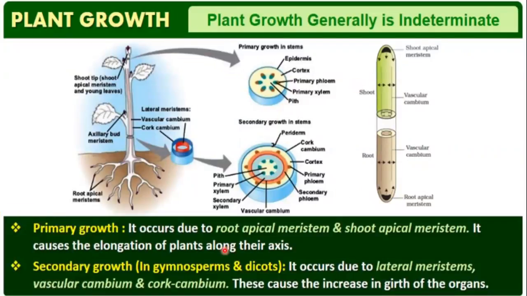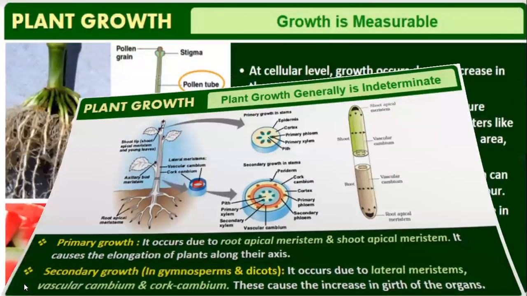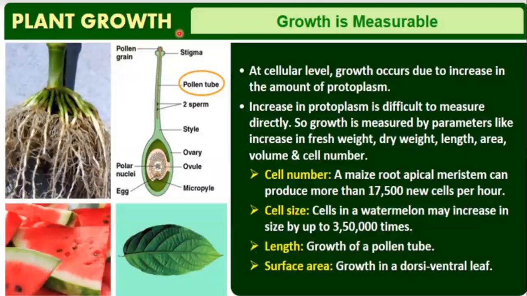So all the concepts are clear in this case. Let's move with the next one. That is, growth is measurable. If you take into consideration the cellular level, the growth is measured in increase of the amount of protoplasm.